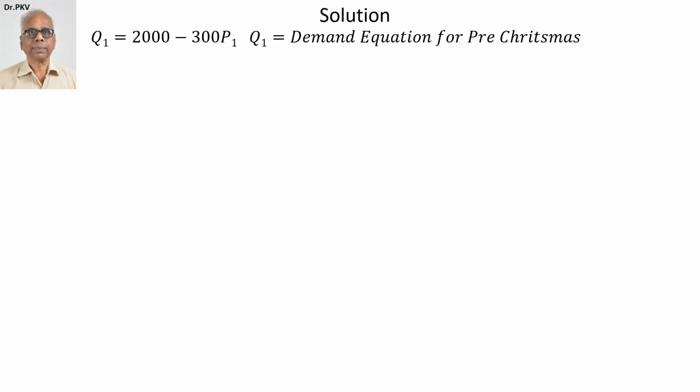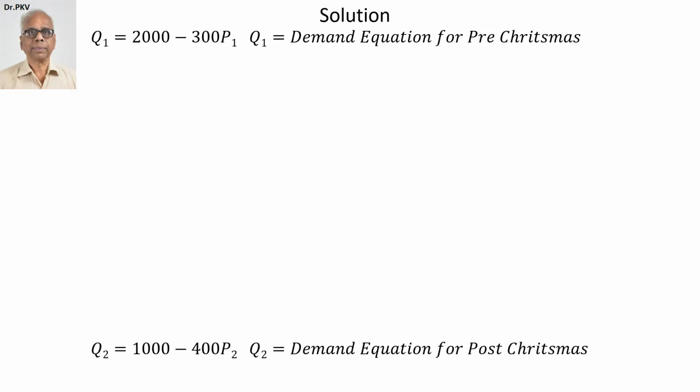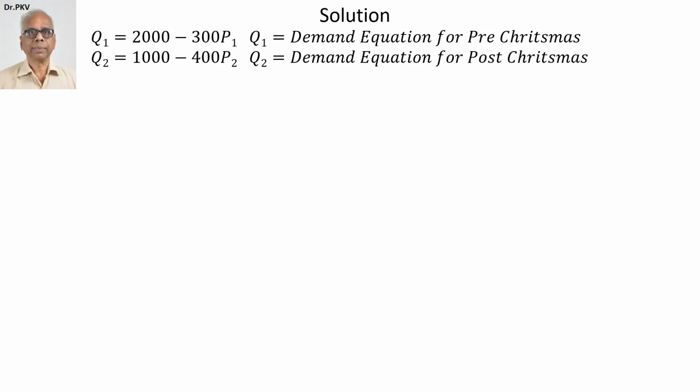Q1 is equal to 2000 minus 300 P1, where Q1 is the demand equation for pre-Christmas. Q2 is equal to 1000 minus 400 P2. Q2 represents the demand equation for post-Christmas. This is culled out from the problem statement.